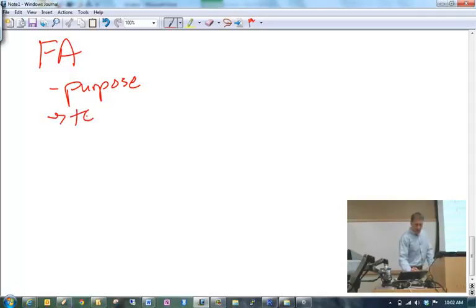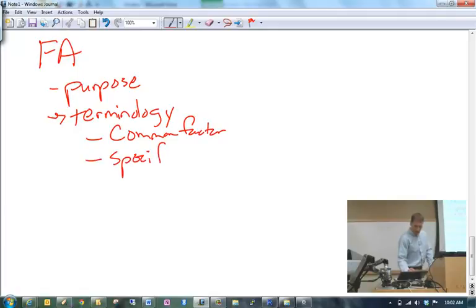Now there's a lot of terminology associated with factor analysis. Make sure you understand what a common factor is. A specific factor. A specific variance. What are factor loadings?